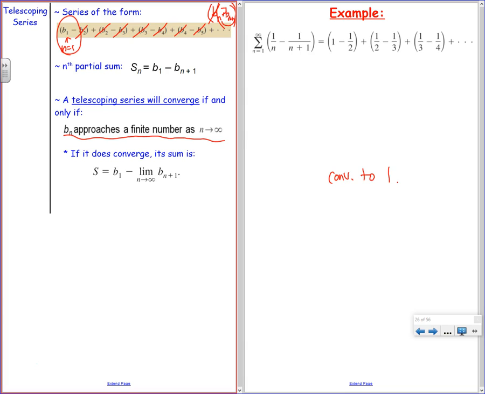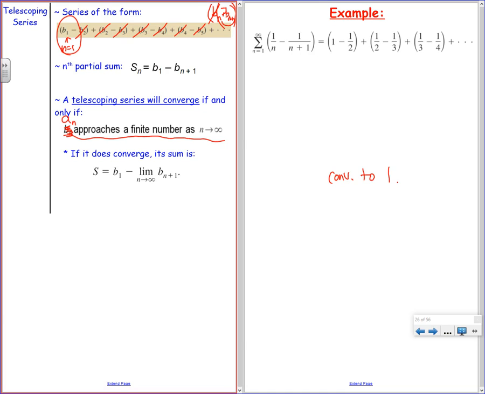Now, b sub n, in context of the one up here, is a little bit different. What I'm technically talking about is a sub n. I want to separate it just a little bit from this idea up here. Because this one is saying, for the first term you have b1 minus b2, for the second term you have b2 minus b3.